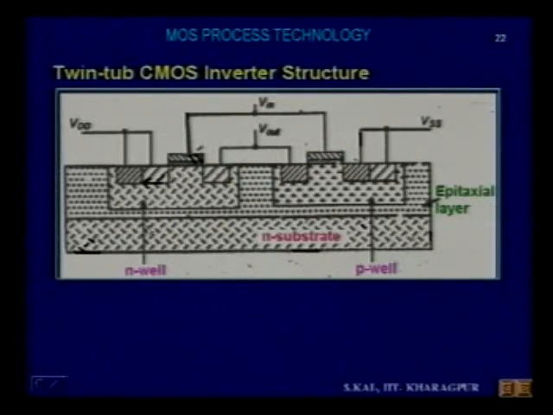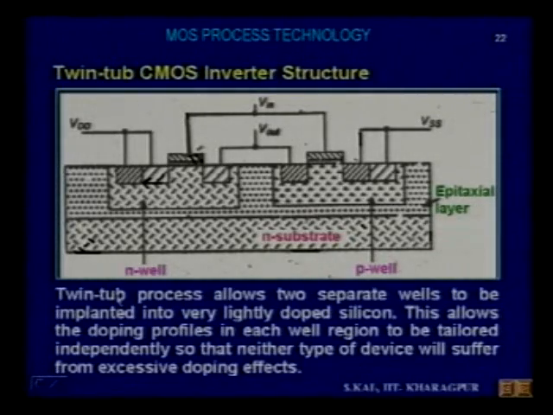Okay. So that means here the first thing will be defining the actual regions. Then you go for the low cost process, field oxidation, then go for thin oxide, then make the NOL and POL regions. Okay. Here the advantage is mentioned.